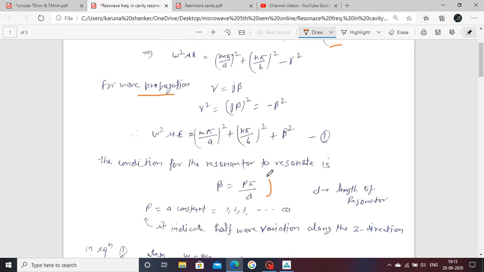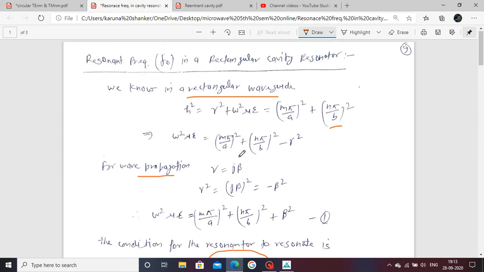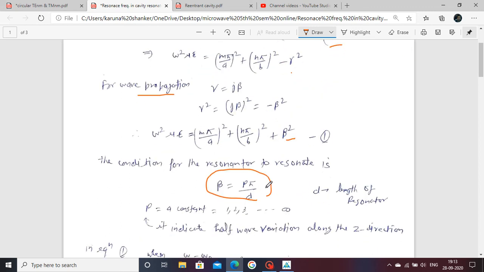Now beta square is equal to, and here is the important term, beta is equal to p pi by d. Similar to m pi by a and n pi by b, in the place of beta we use p pi by d. D is the length of your resonator.